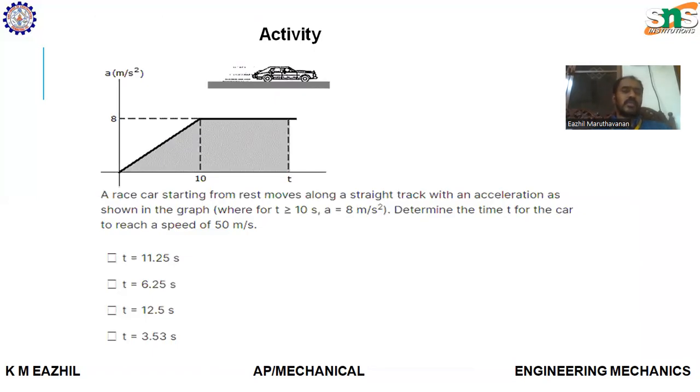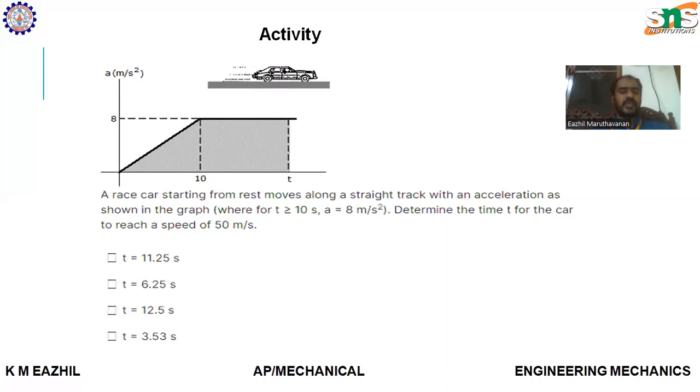Now, this is a small question given for your better understanding, and you have to answer it. A race car starting from rest moves along a straight track with an acceleration as shown in the graph, where for t less than or equal to 10 seconds, the acceleration is 8 meter per second square. Determine t for the car to reach the speed of 50 meter per second.